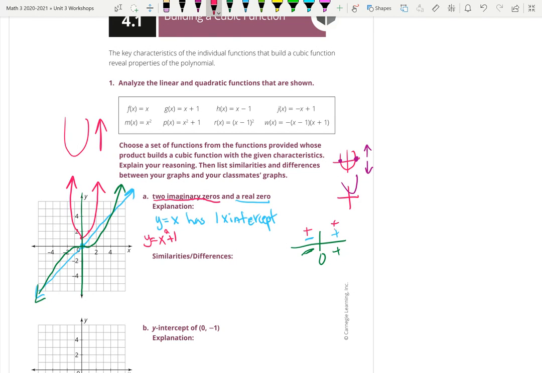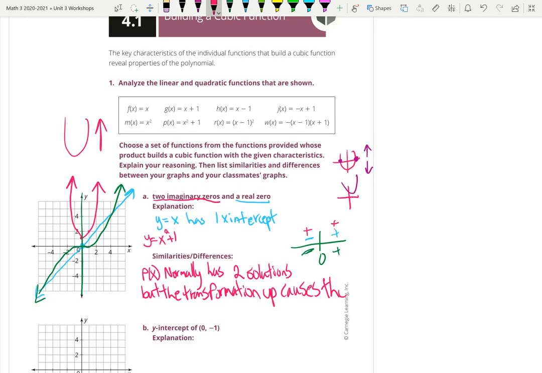The big part is just to understand that p of x normally has 2 solutions, but the transformation up causes the function to not have an x-intercept.